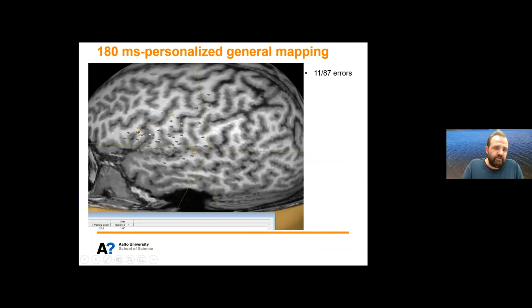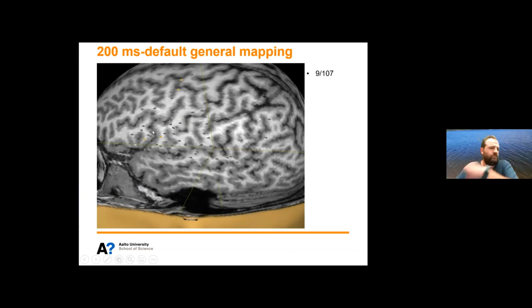So if we now compare the example that I showed, and we do a mapping by giving TMS 180 milliseconds after the picture onset, we will get 11 errors out of 87. If we use the default that we usually use, 200 or 300 without knowing, we get fewer, 9 out of 107, and this can be considerable.